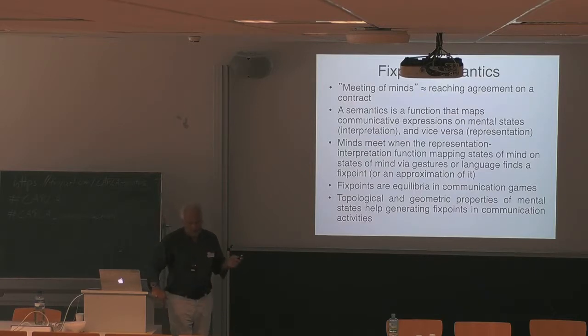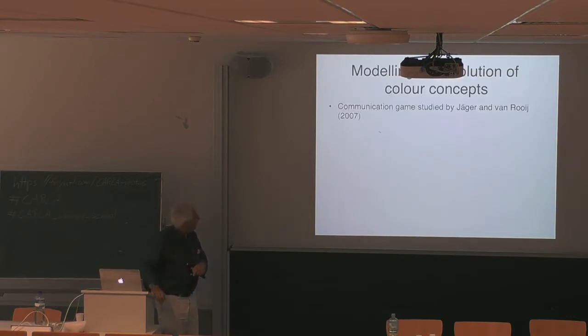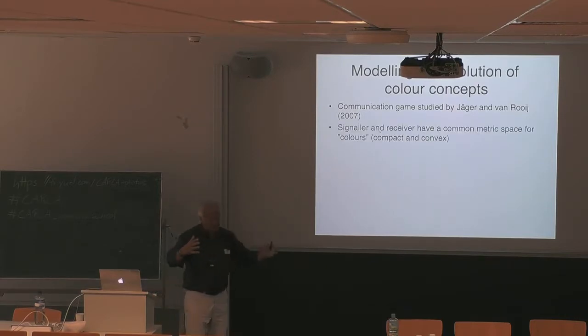Before I get to the general argument, I will illustrate this with an example taken from a communication game studied by Gerhard Jäger and Robert van Rooij some years ago. Their game is, you have a space. They call it the color space, but it has nothing to do with colors, really.